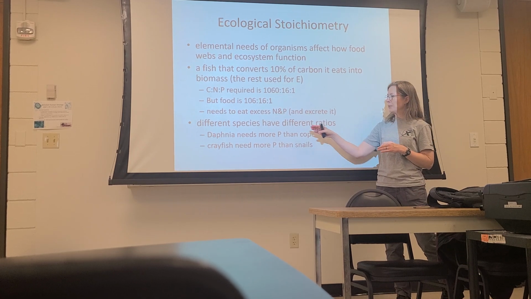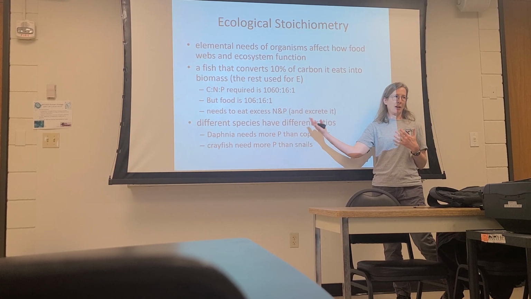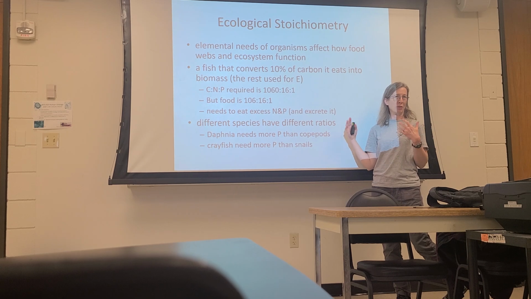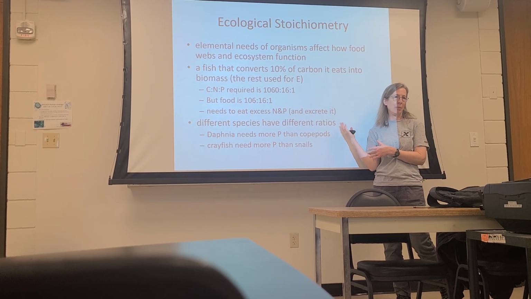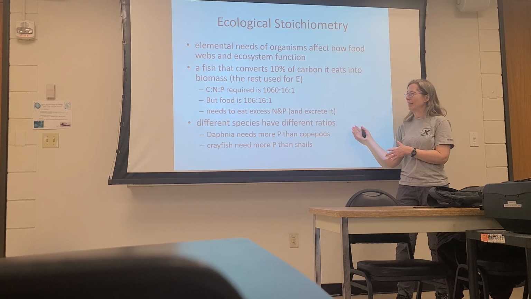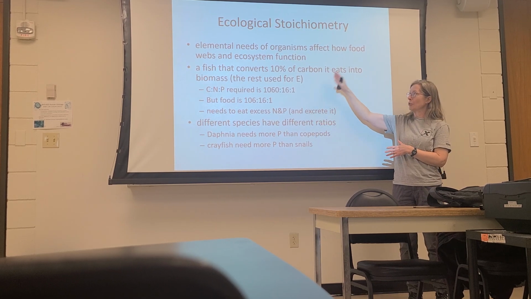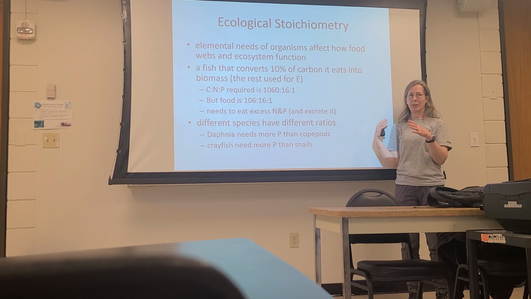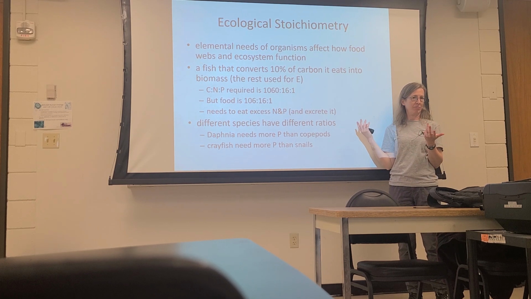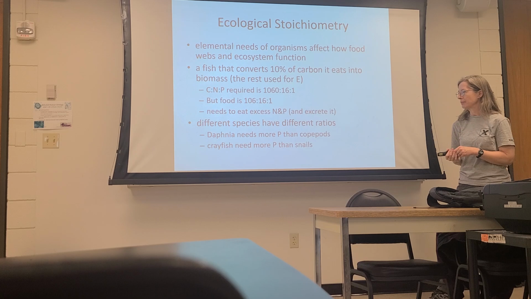So they're more likely to be limited by phosphorus than copepods. If phosphorus is low in a system, copepods might do a little bit better. Knowing the stoichiometry of different organisms can tell you what elements might limit them.